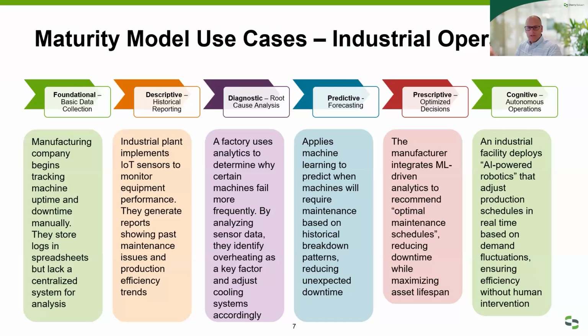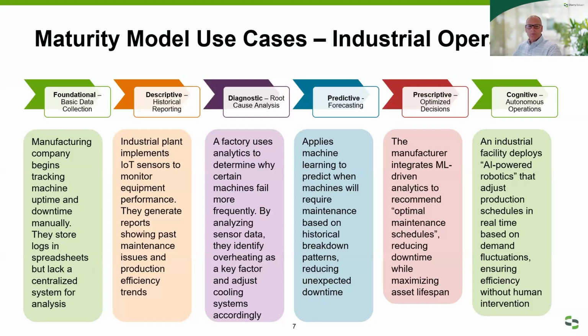At this point, all the information, again, is looking kind of in the rear view mirror. The next step in the maturity is now trying to predict the future or forecast. So predictive, the manufacturer applies machine learning to predict when machines might require maintenance based on historical breakdown patterns.